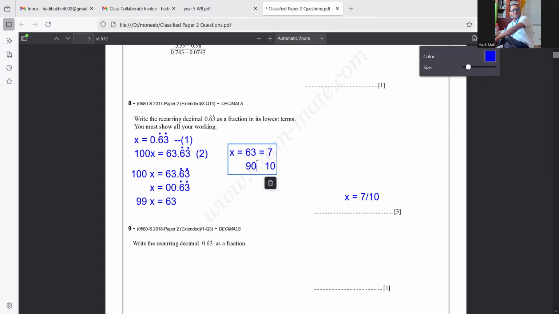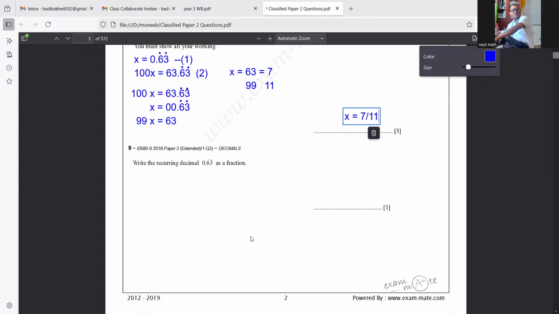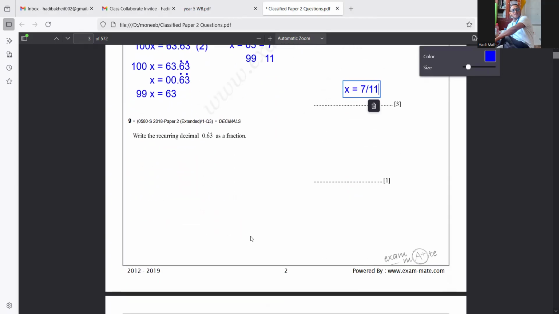Then you will divide both sides by 99. And then you simplify by 9, and it will be 7 over 11. Sorry for mixing up, because 100x minus x will be 99x.